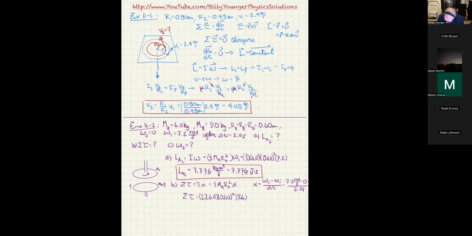So if I multiply all this, I get 0.5 times 6 times 0.6 times 0.6 times 3.6. And that's two sig figs across the board. That's going to be equal to 3.89. And you can tell these units work out to be basically kilograms meters squared per second squared, which of course is a Newton meter.